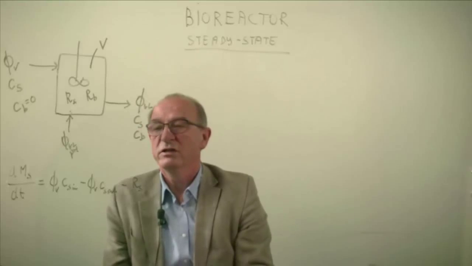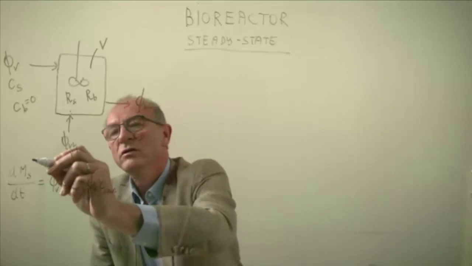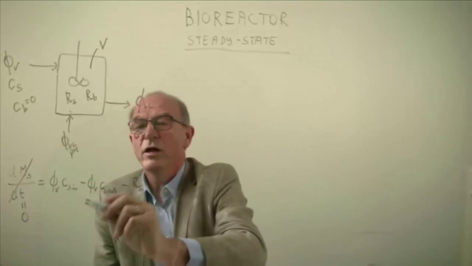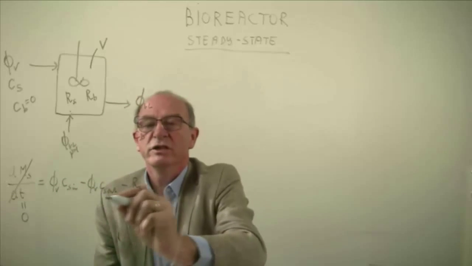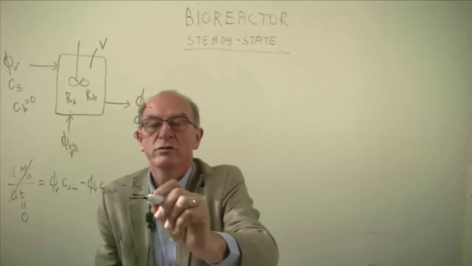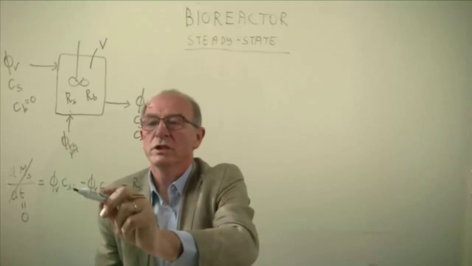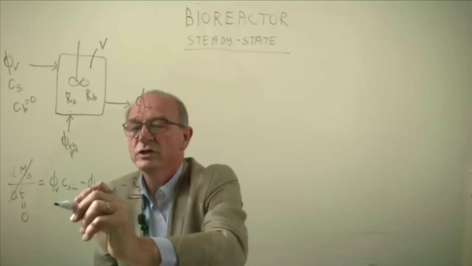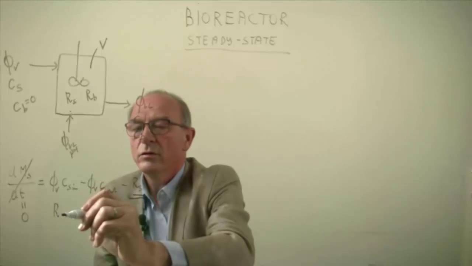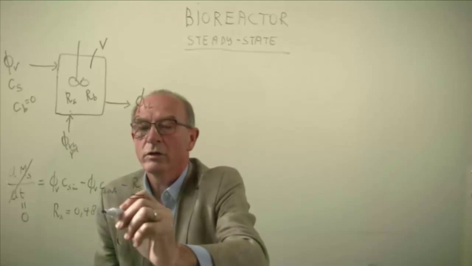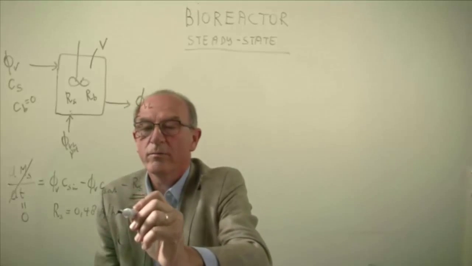Because this is a steady state situation, this term is 0. And the only unknown in this equation is now the conversion rate Rs. So if you now substitute the values given in the example, you will see that the conversion rate is equal to 0.04 grams per hour.